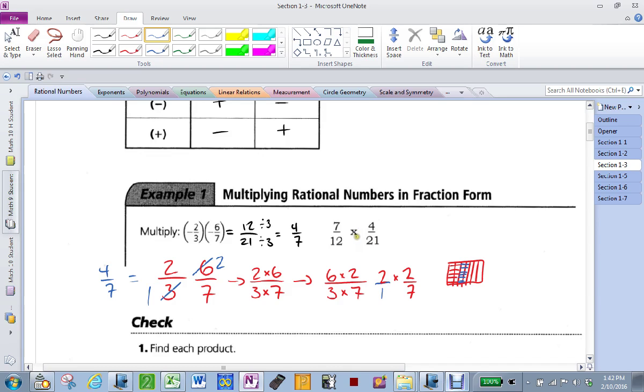So if we were doing this the old-fashioned way, we would go 7 times 4, and what would we get? 28. Over, and we do 12 times 21, and what would we get? Can you even do that in your head? 252. Is it 252?